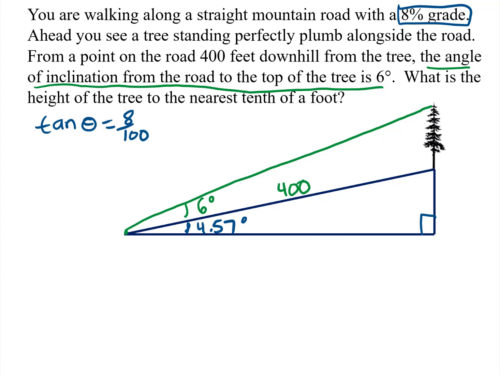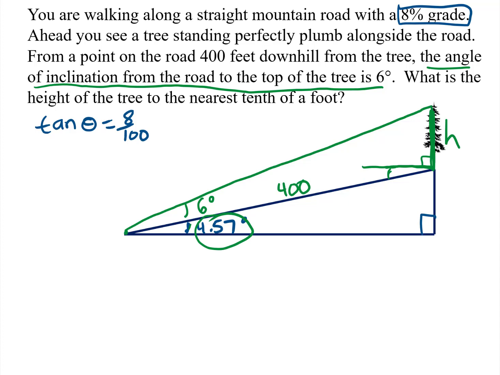Now let's see what else we've got and what we want to find. We're wanting to find the height of this tree, and so that is the side of this oblique triangle, and we could figure out this angle because we know the tree is plumb, so that's a 90, and then this other little angle right here would have to be the same size as the angle down here.